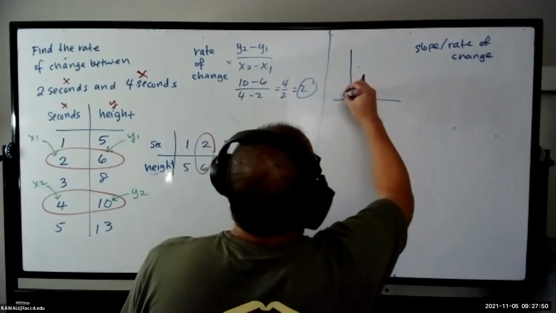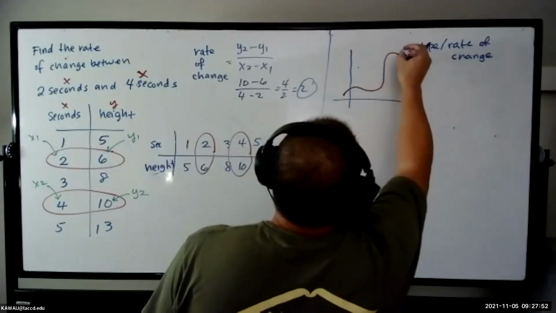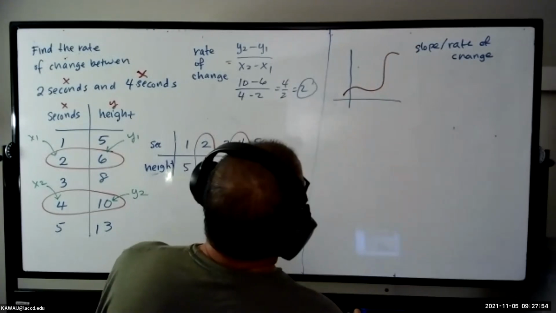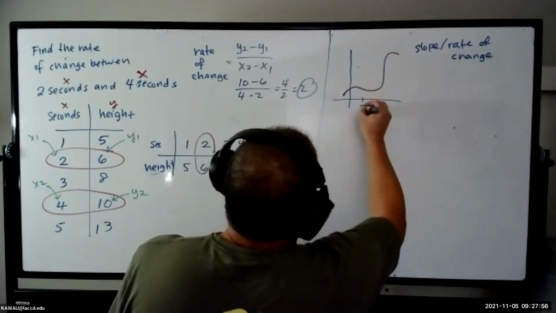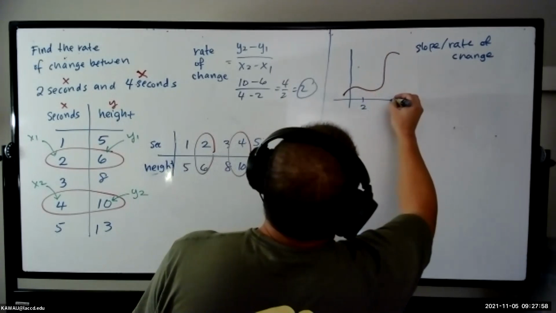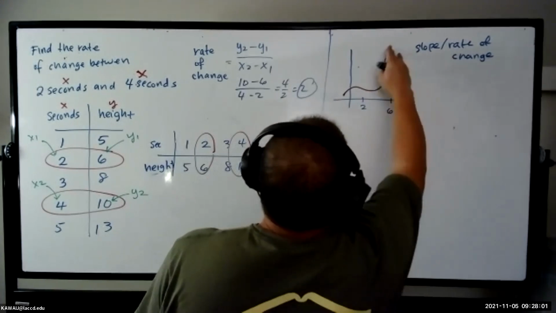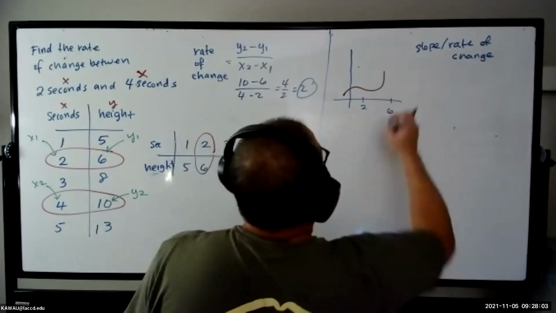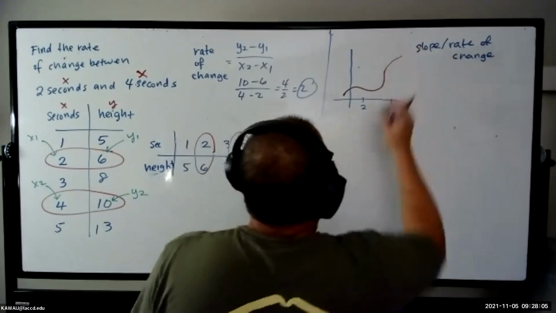So let's go from here, and then let's call this 2, and let's call this, I don't know, 6. Like that.